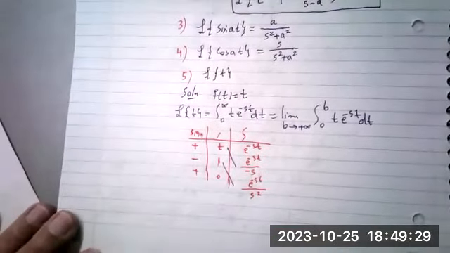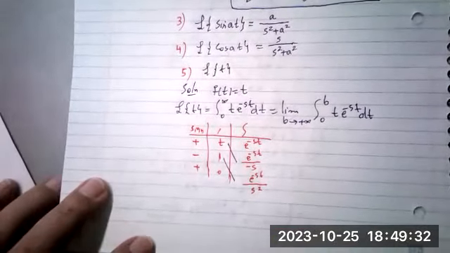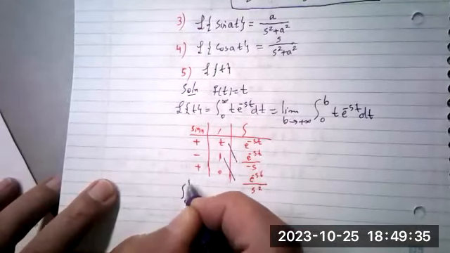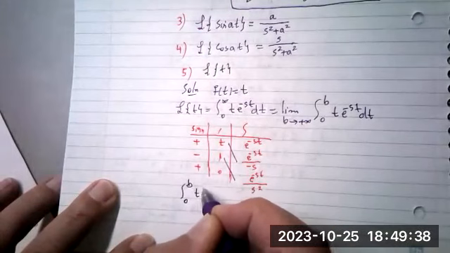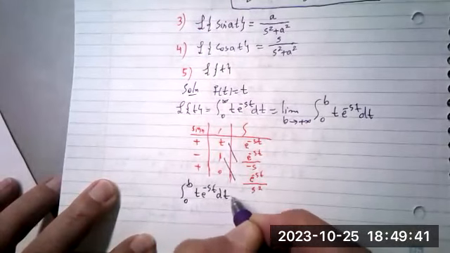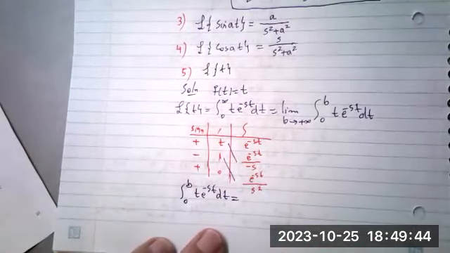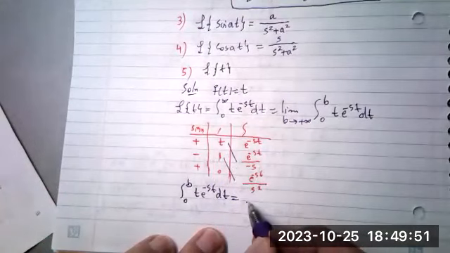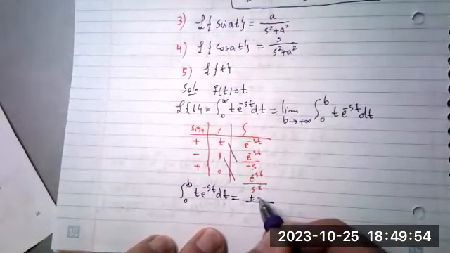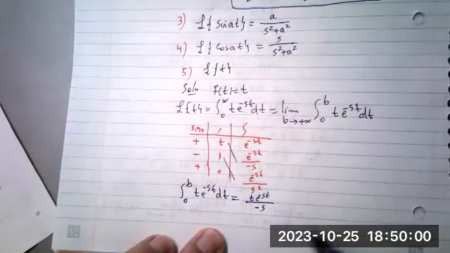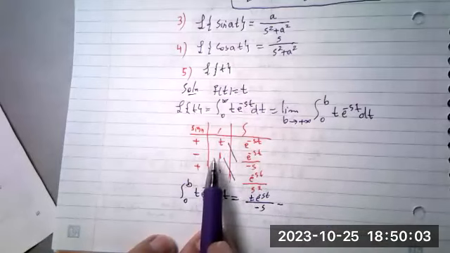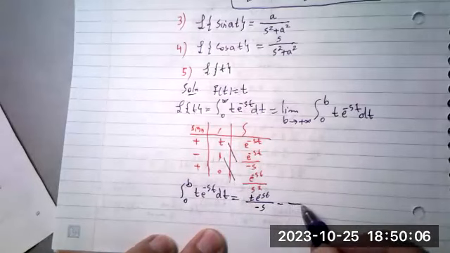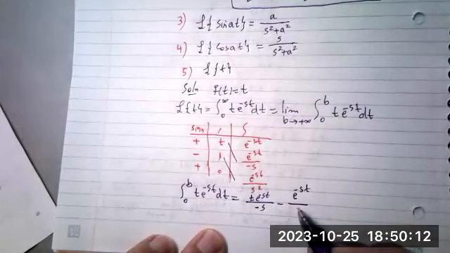So the integral from 0 to b of t e to the negative st dt is going to be equal to, the first part, t e to the negative st divided by negative s, minus 1 times e to the negative st divided by s squared.